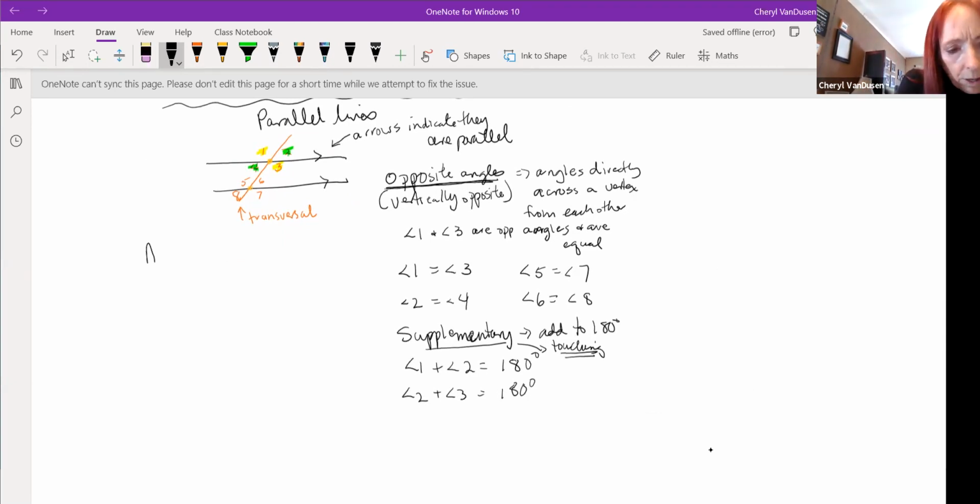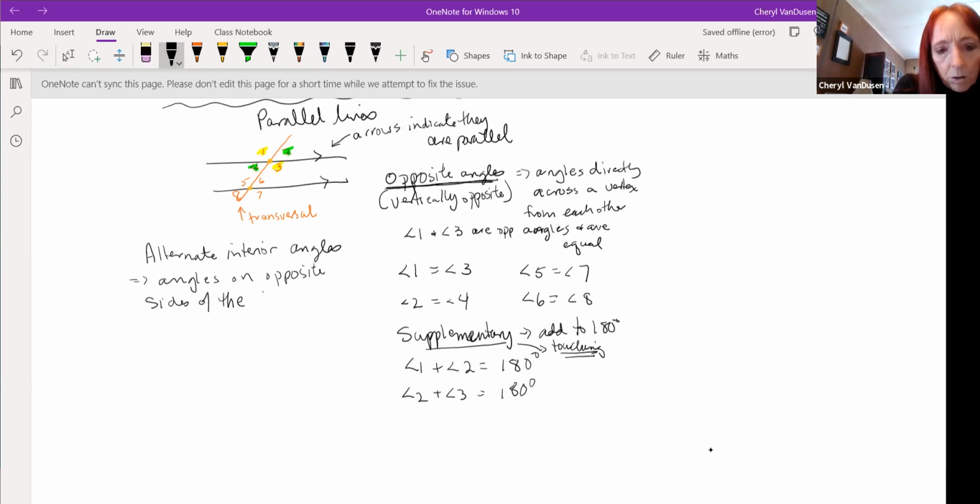Let's write over here another type called alternate interior angles. These ones are harder to define. They are the following: angles on opposite sides of the transversal next to different parallel lines.